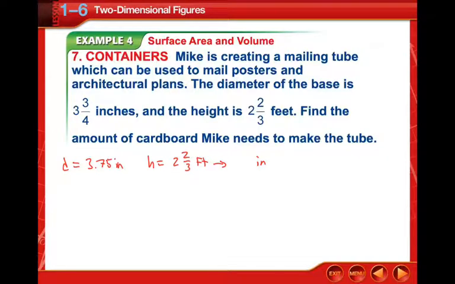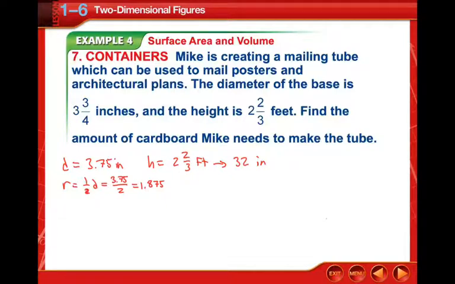So 8 inches plus the 24 inches gets us 32 inches. Now we have everything in inches, and we're ready to do our calculations. We do need our radius, though, not our diameter. So that's 1/2 of the diameter. 3.75 divided by 2 is 1.875.